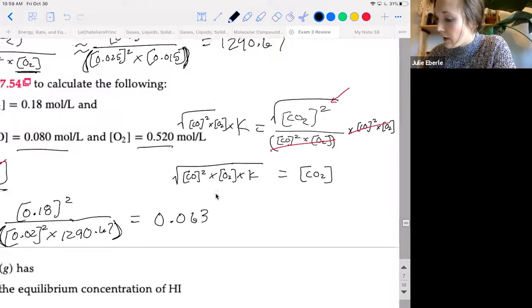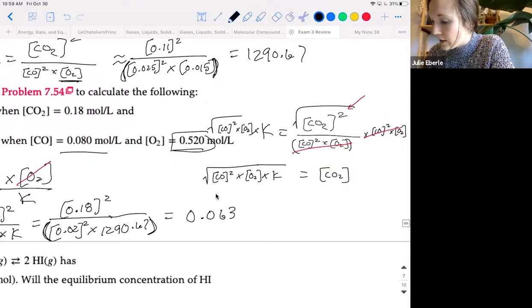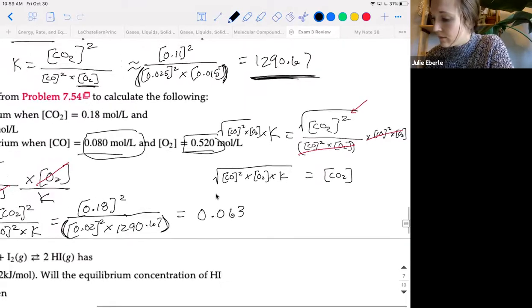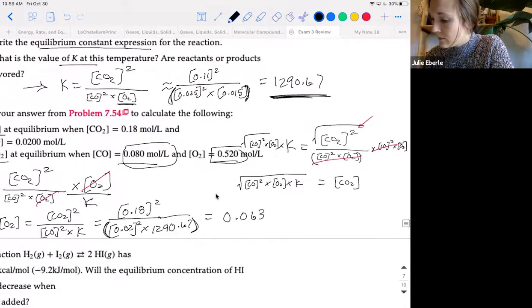Then you would just plug these values in for oxygen and carbon monoxide and this value in for K and take the square root of all of that. Any questions on that one?